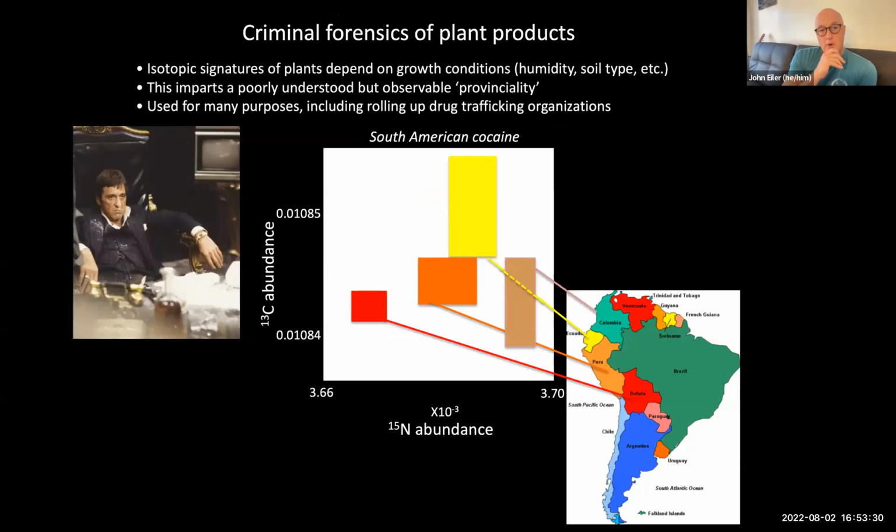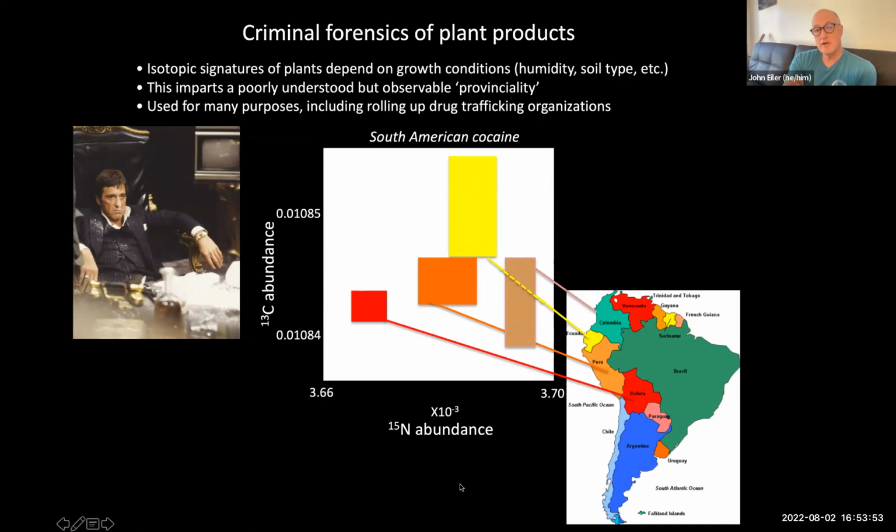Here's another example where this is used not for ecology, but for criminal forensics. There's a cross plot that shows the carbon-13 concentration in cocaine that was captured by law enforcement agents who were working in South America. And then another kind of fractionation, the nitrogen isotope separation, also occurs during plant growth.